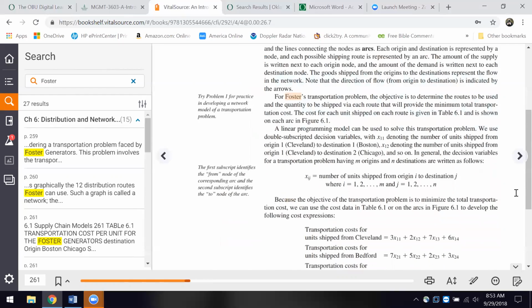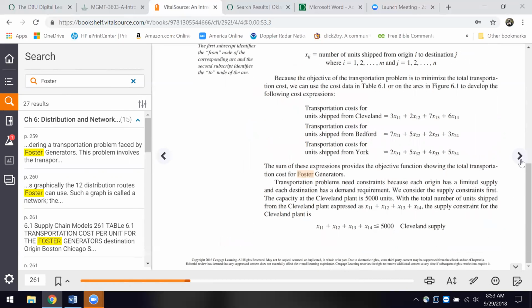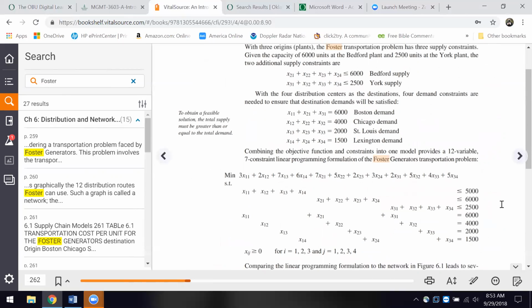Just real quickly, we saw the transportation costs, and you can see the notation. Then we see the supplies, and then we see the demand. So we've got some constraints operating, and here is in mathematical form our problem, our model.